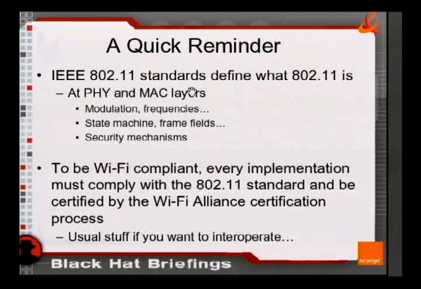So if we look at the 802.11 standards, there are physical and MAC layers. Of course, to be Wi-Fi compliant, you must comply to the 802.11 standards and follow all the requirements.